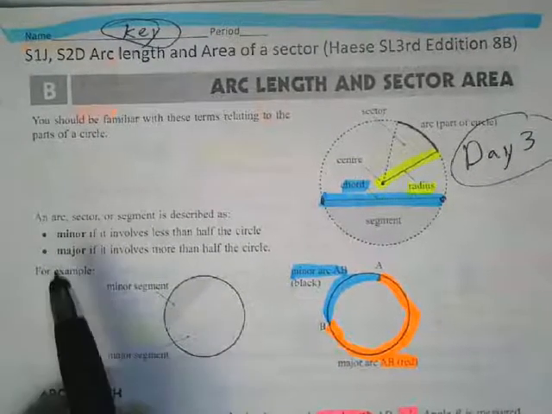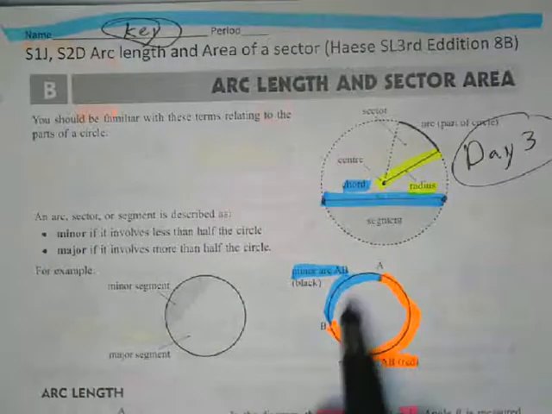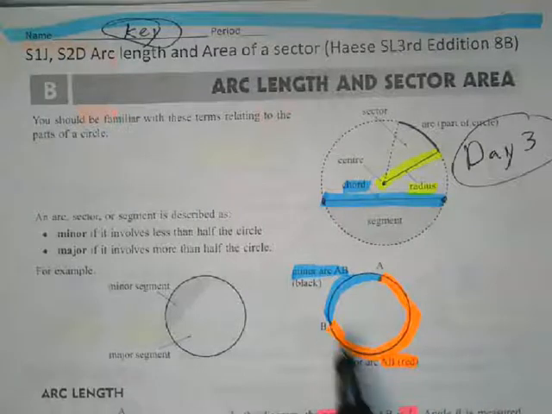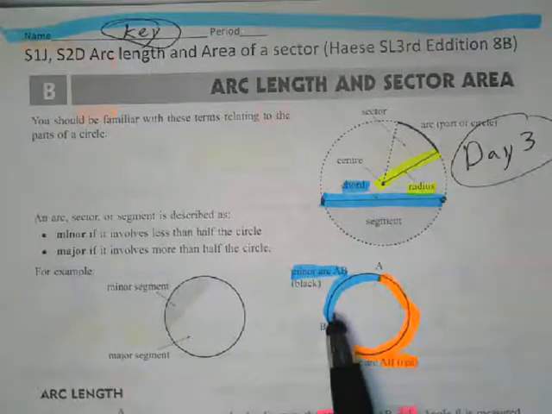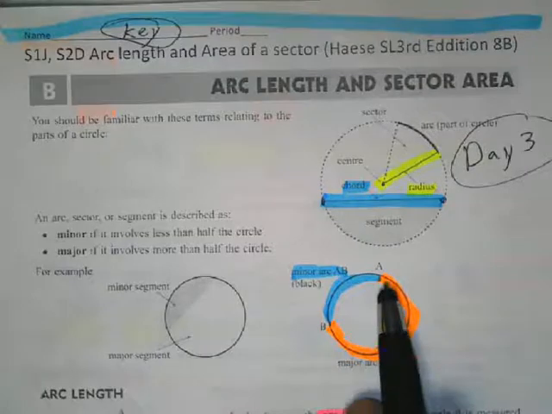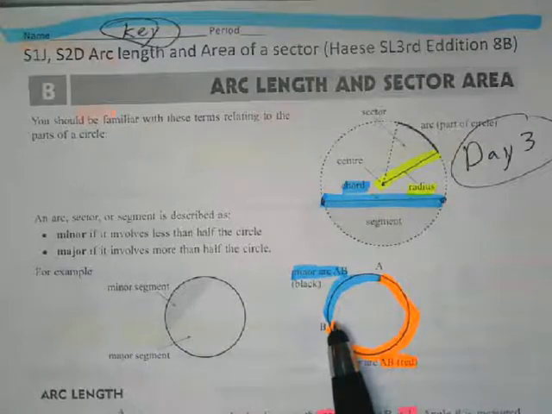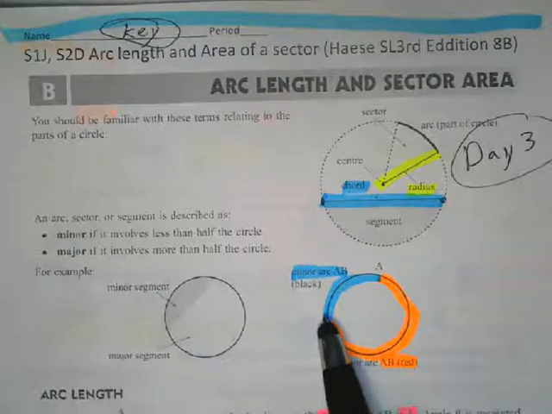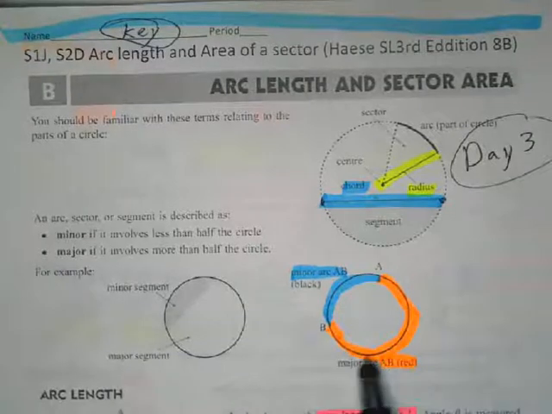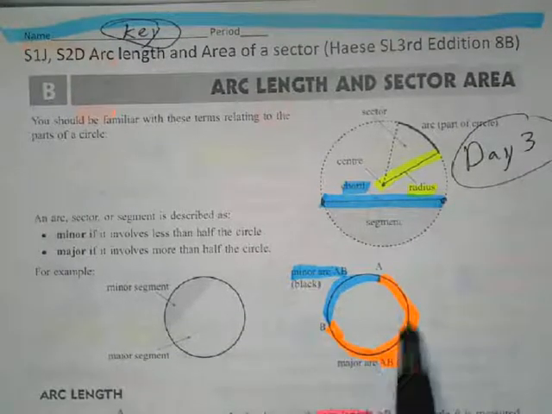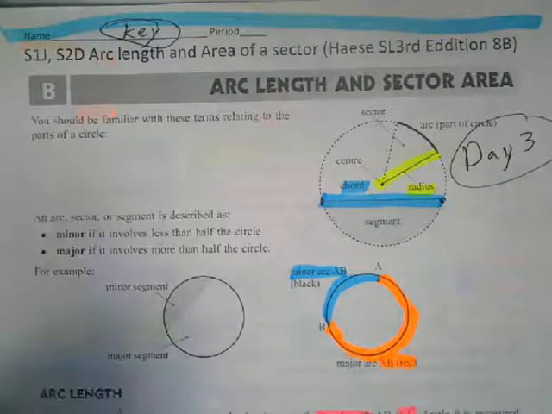Okay, minor arc and major arc. Minor, of course, means small, and major means big. So a length around a circle that's smaller than half of it is a minor arc, and a length around the circle that's larger than half of it is called major.